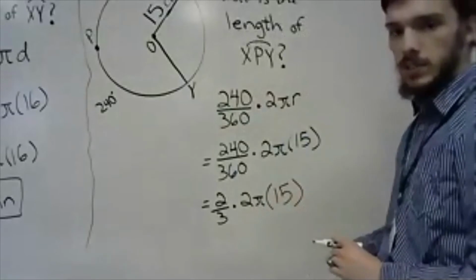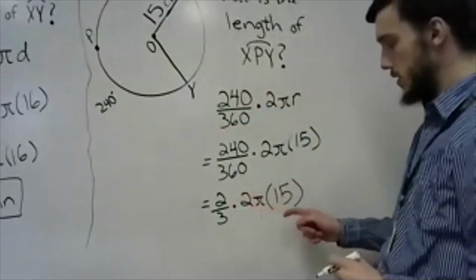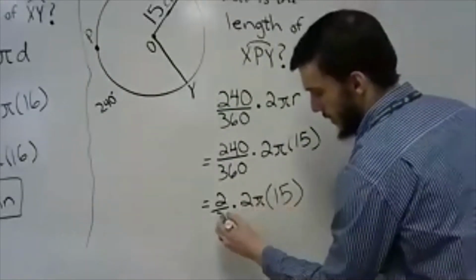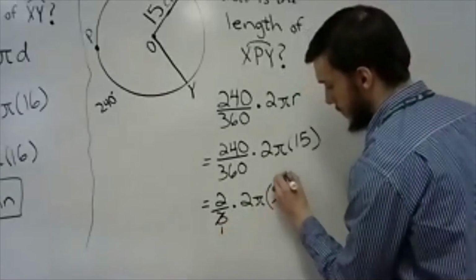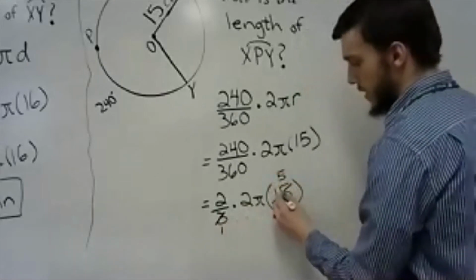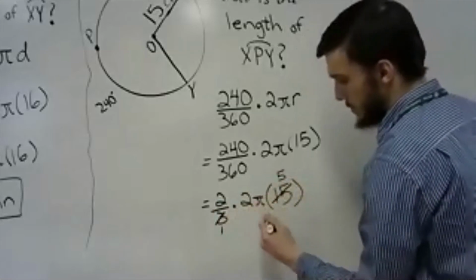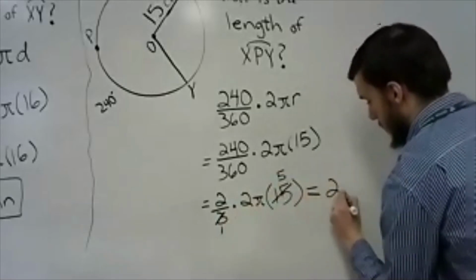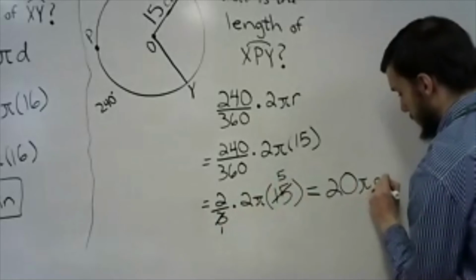Okay, and then when we simplify 2/3 times 2 times 15, we can cancel the 3 and the 5. So then we're left with 2 times 2 times 5 times pi, or 20 pi centimeters.